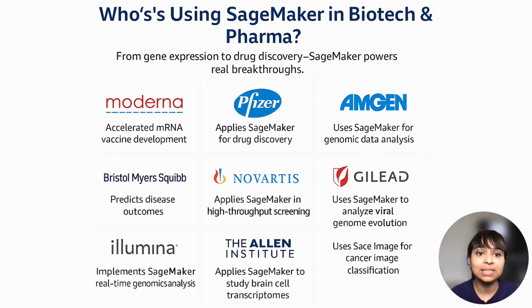Some of the world's leading biotech, pharma, and healthcare organizations rely on it every day. For example, Moderna has accelerated vaccine research using Amazon Web Services and advanced machine learning tools. The Allen Institute leverages SageMaker for large-scale brain cell transcriptomic and single-cell analysis.